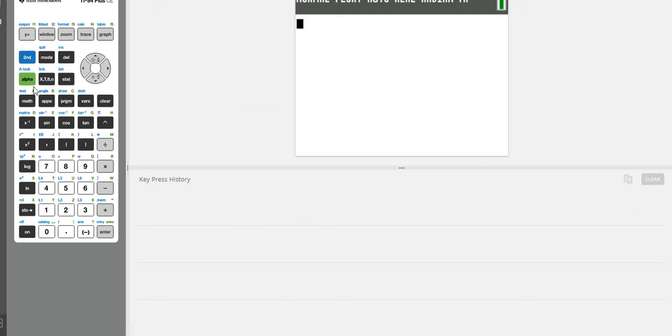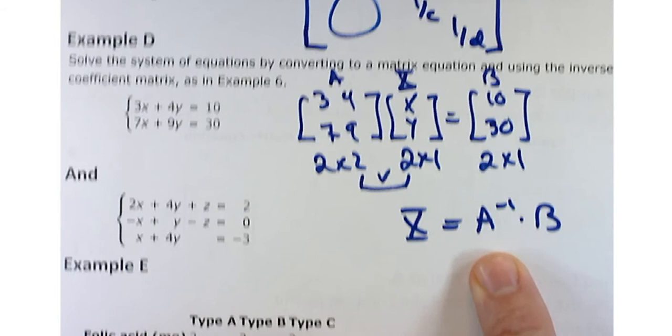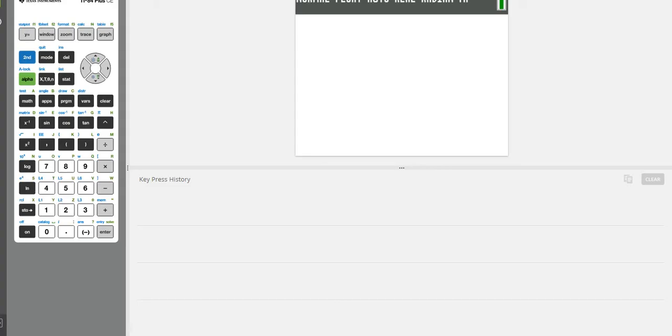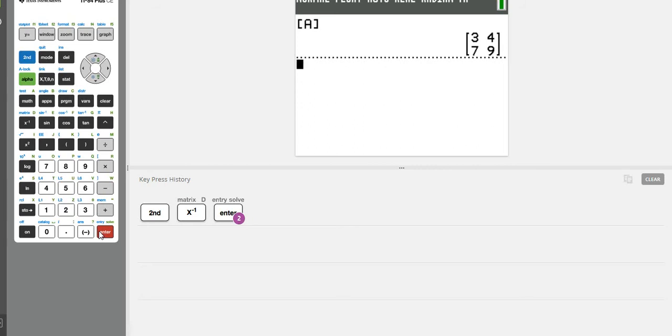And now we need to form this product. We need to form A inverse times B. Now if you want to look at A inverse or just A, that's fine. It's not a bad idea. Second matrix, A, there's your matrix A. Matrix B, I'm pretty confident we got that.